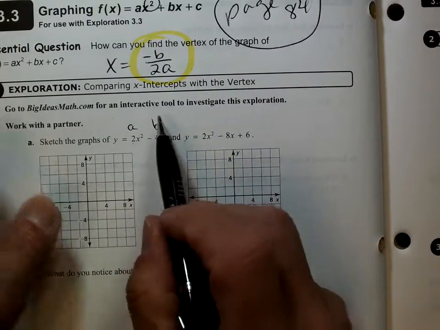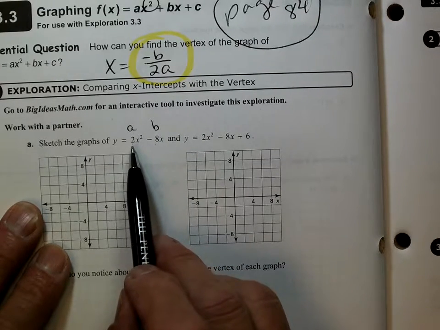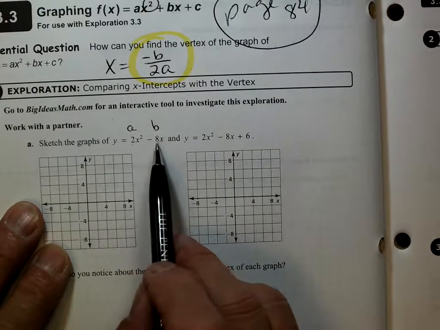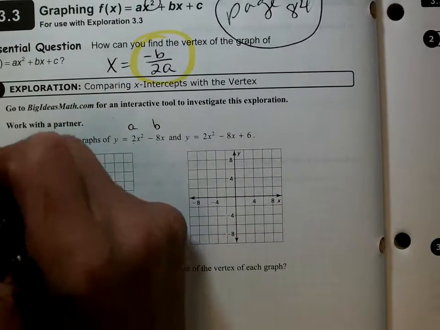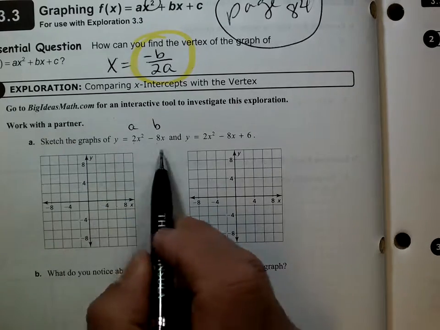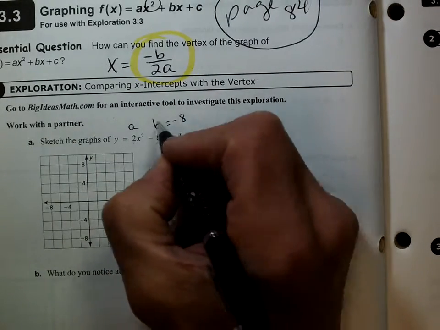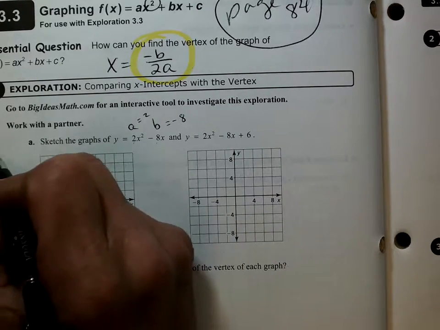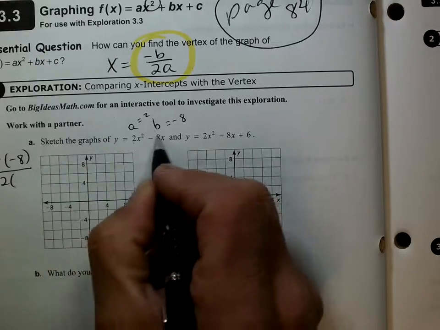So to find the vertex, we're going to go x is equal to negative b over 2a. b is a negative 8, and a is a 2. So we're going to go negative 8 over 2 times 2.